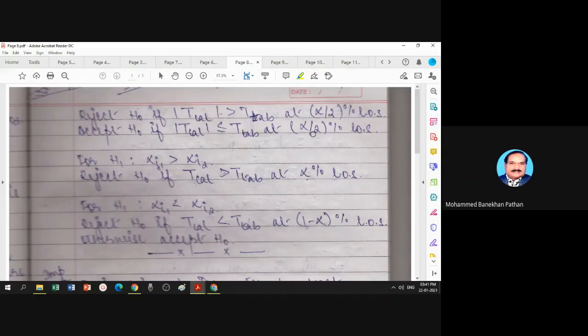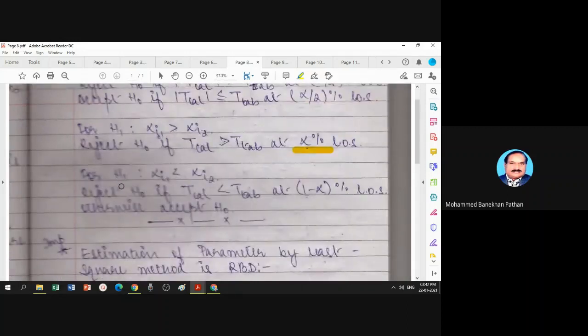When I say not equal, it has two possibilities, may be greater or may be less. So that's why the level of significance is split in two parts, half on the left side and half on the right side. If your H1 is only one-sided greater, that means right hand, then calculated greater than table with alpha, not alpha by 2, because it is only a one-sided hypothesis. If it is a two-sided hypothesis, we take the modulus and alpha by 2.